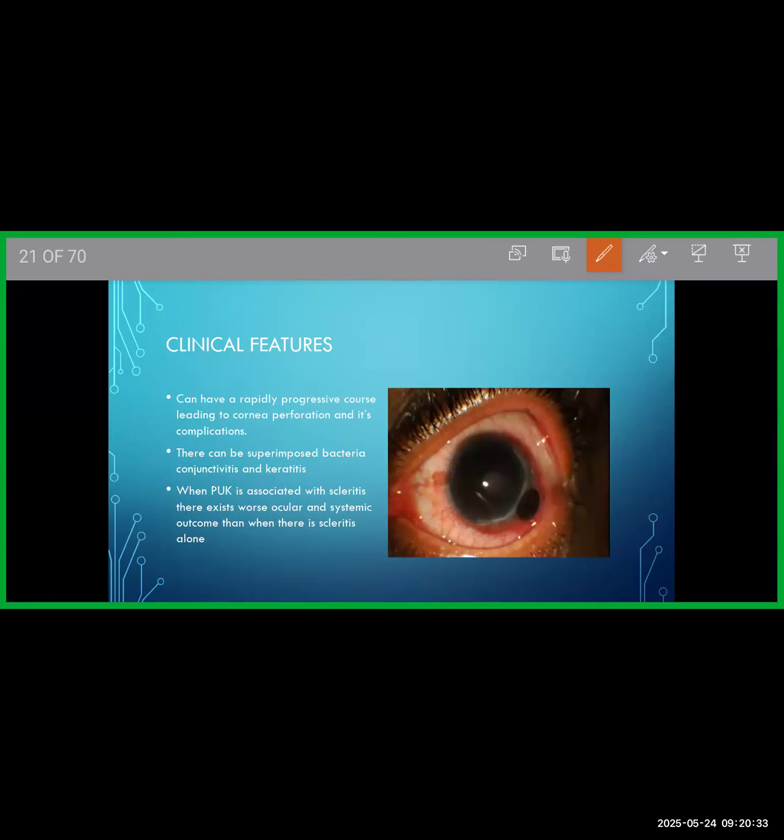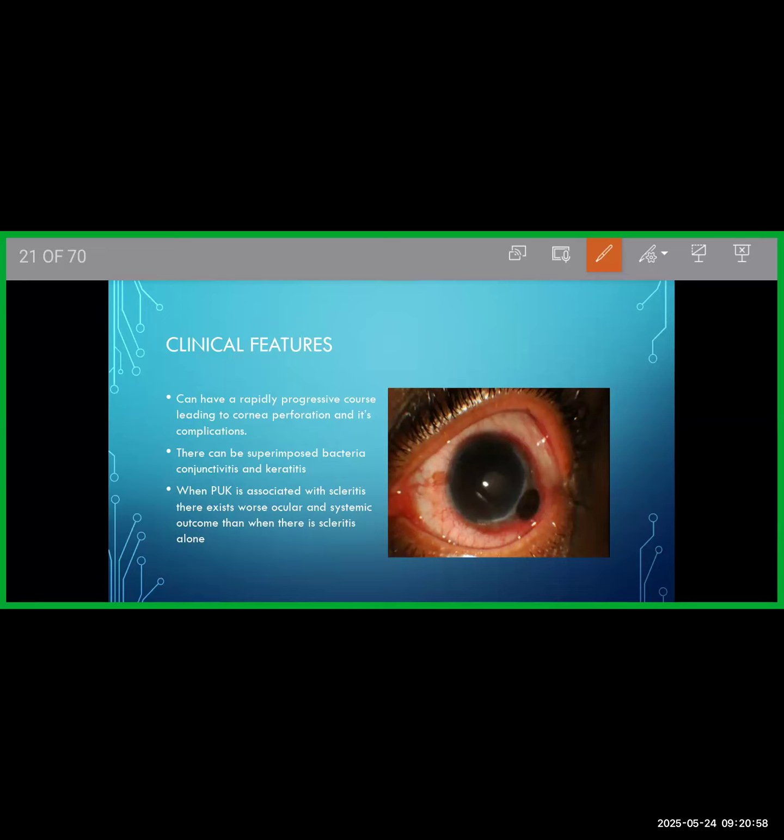There can be superimposed bacterial conjunctivitis and keratitis, where the patient may present with eye discharge, or may present with hypopyon. Hypopyon is not a typical presentation of PUK.